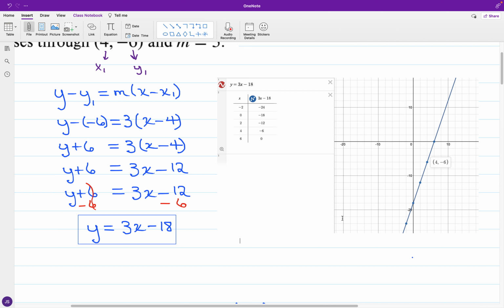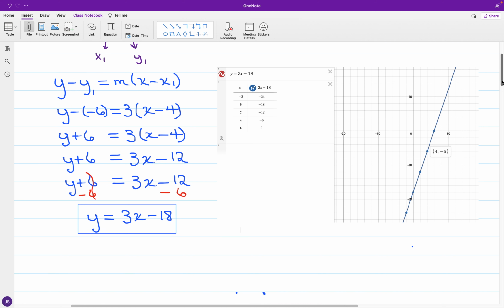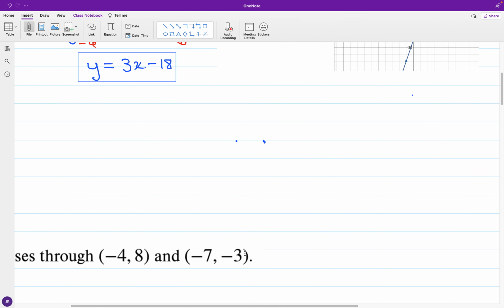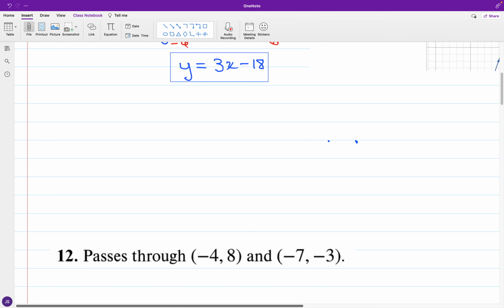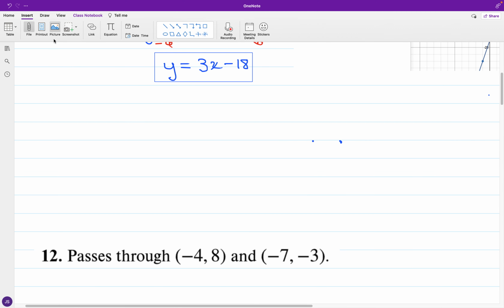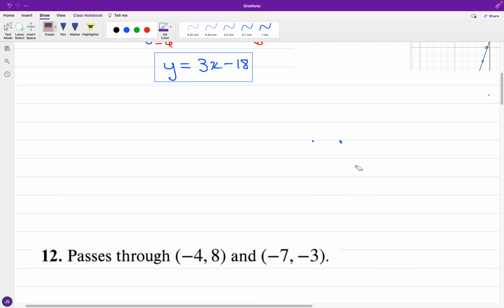Now for the next item, number 12, we're looking at establishing the slope-intercept equation of the line that's going to pass through negative 4, 8, and negative 7, negative 3.